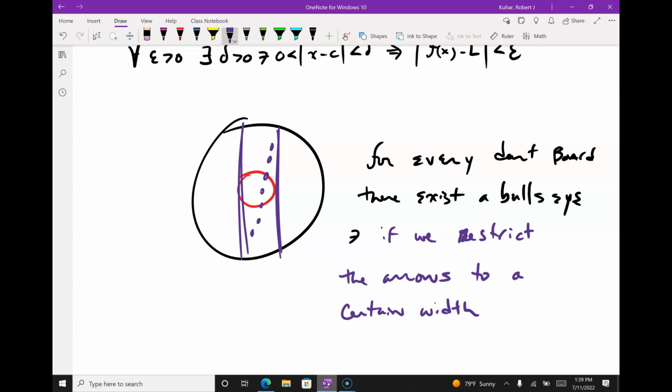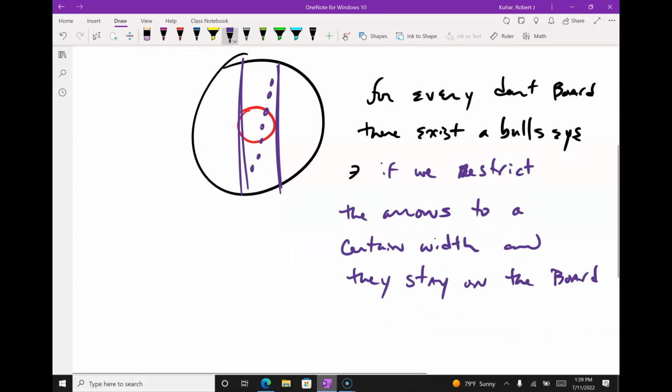If we restrict the arrows to a certain width and they stay on the board, then what must we hit? The bullseye.